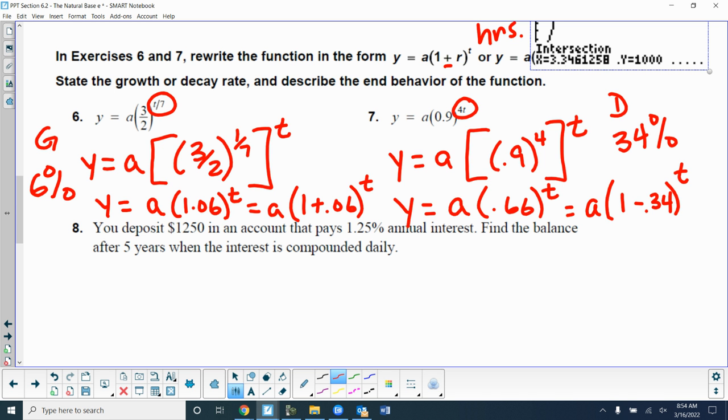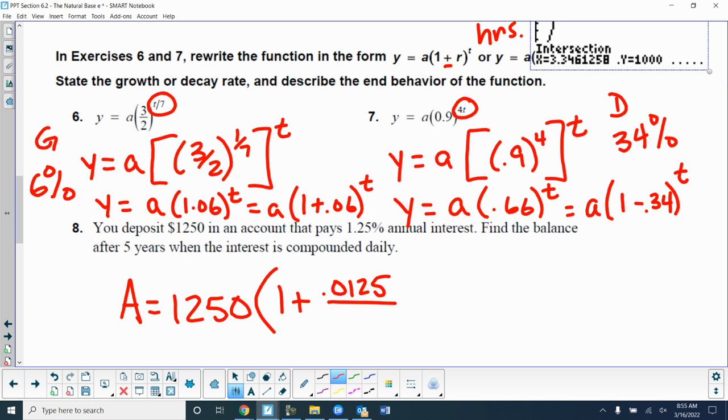All right, here's another, like the warm-up. The total amount is the principal, which is what we started with, times 1 plus the percent, which is 0.0125, compounded daily, so n is 365 for 5 years. So my exponent is 365 times 5.